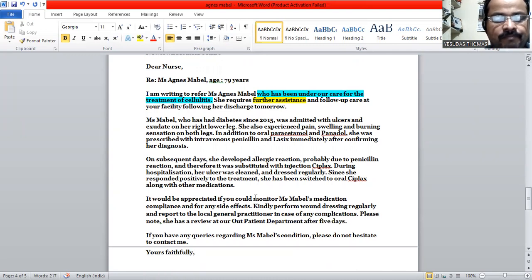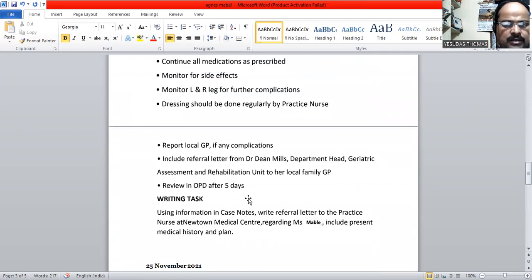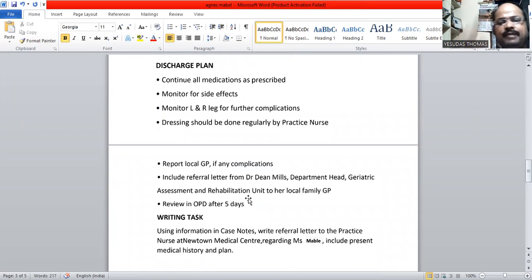No problem. If you have any further queries regarding Mabel's condition, please do not hesitate to contact me. So we have one particular thing here, that's include referral letter from Dr. Dean Mills, Department Health Geriatric Assessment and Rehabilitation Unit, to her local family GP. So this is something which is not dealing with the practice nurse at the Newtown Medical Center.